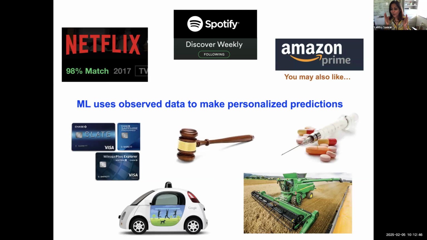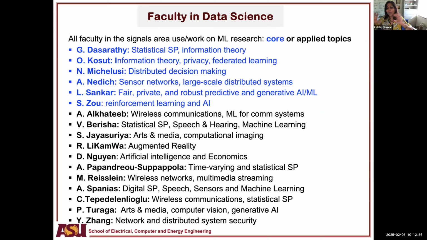All of this is going to be data driven. And so understanding data science and machine learning is the only way to live in this emerging world as we know it.